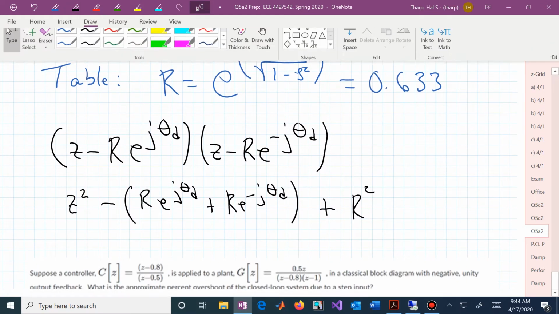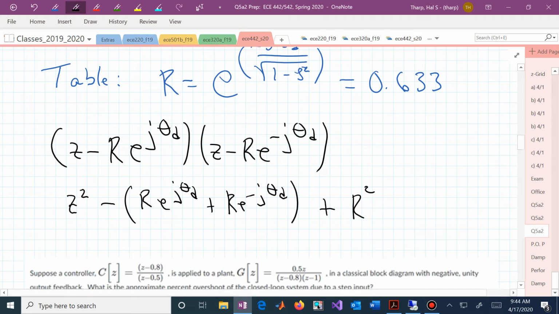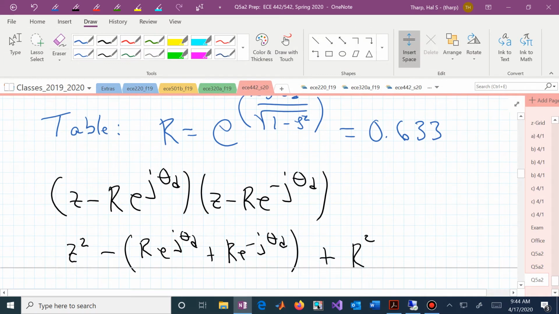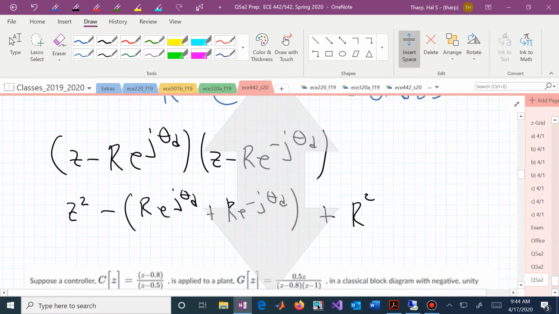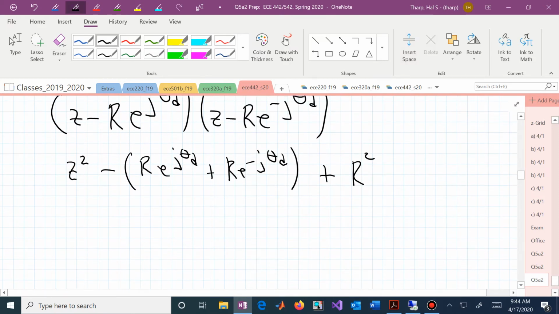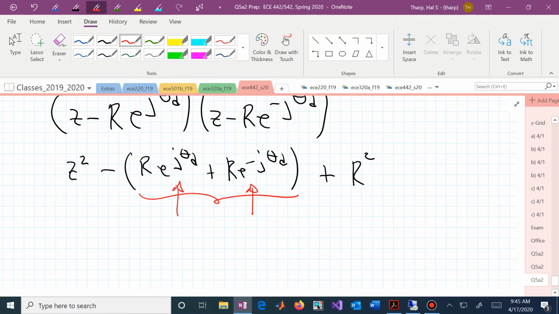Wow, I'm really running out of space. Maybe I should just leave that drawing window open. I may be giving you more than you wanted, but hopefully you see Euler sitting in here. You have e to the j theta d plus e to the minus j theta d. That's 2 cosine of theta sub d.